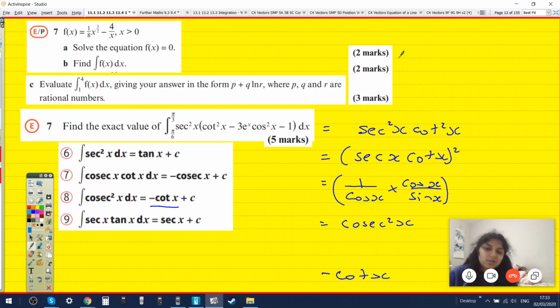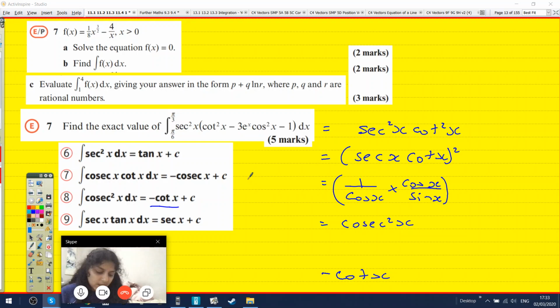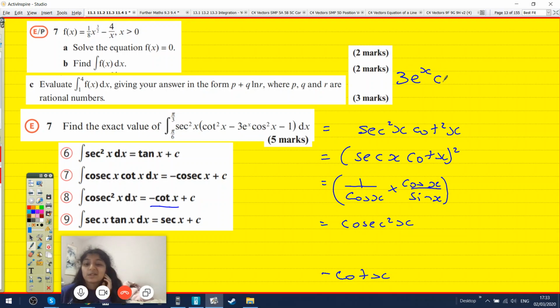So since we already know that sec squared x cot squared x gives you minus cot x, and 3e to the x is still 3e to the x, so you'd have 3e to the x cot x. You would have to use some kind of product rule for integration if that was the case. Really? Because you have two x's times each other. Is that a thing? Product rule. Yep. However, you don't have to worry about that. Look more closely.